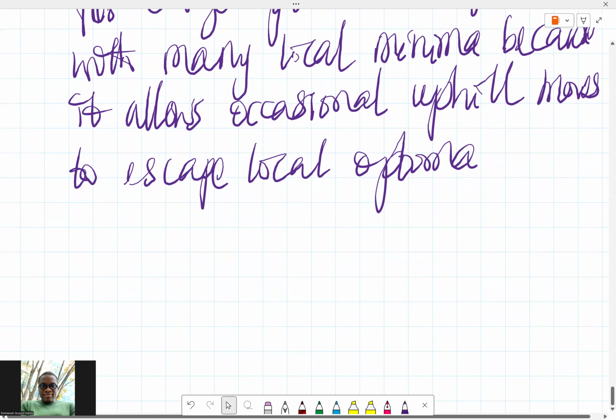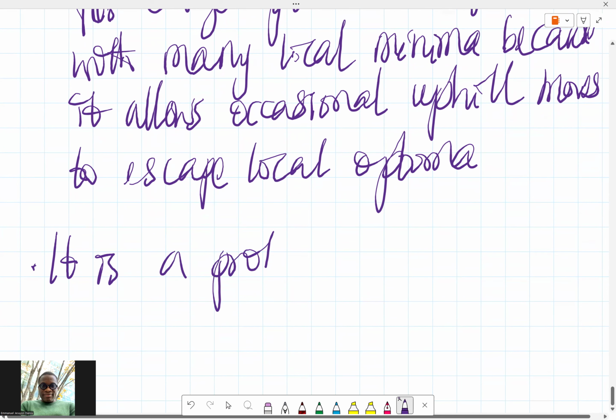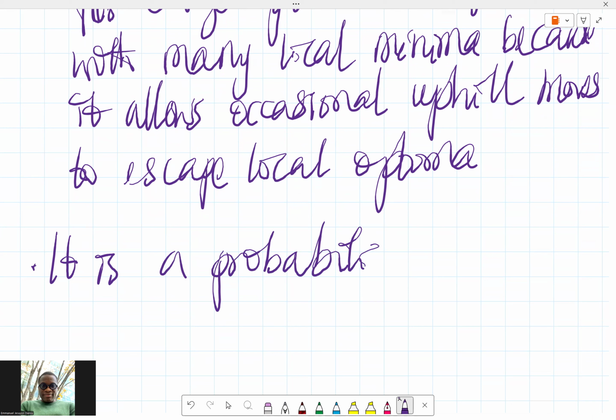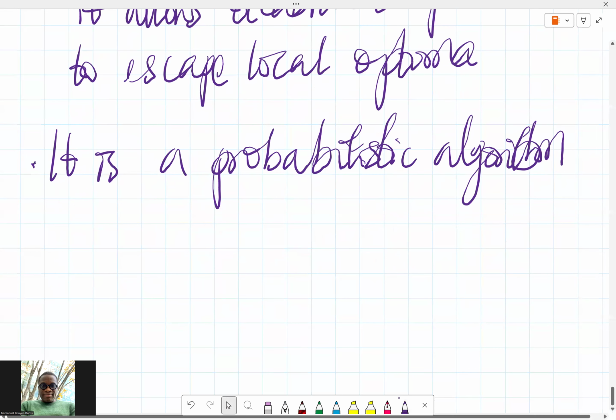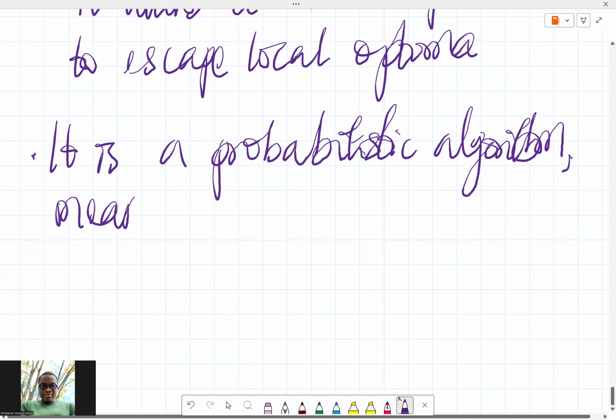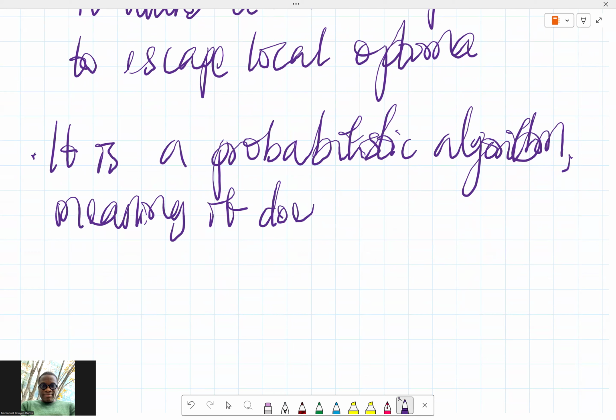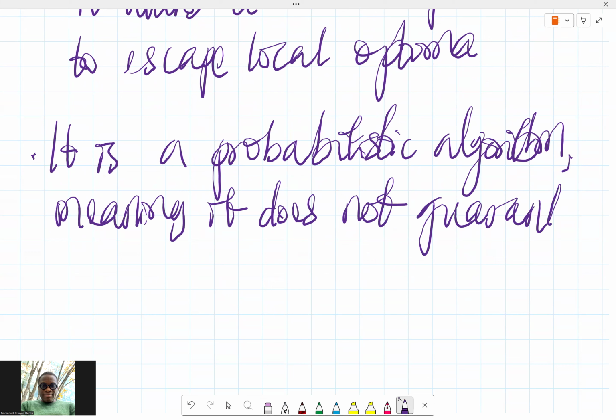Another point is that it is a probabilistic algorithm, meaning it does not guarantee finding the global minimum. You can see as each time I run the code, you get a different result.